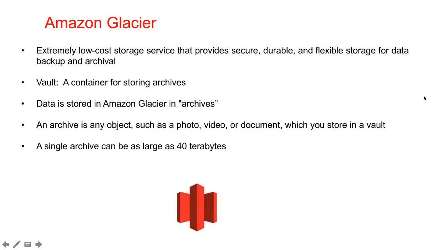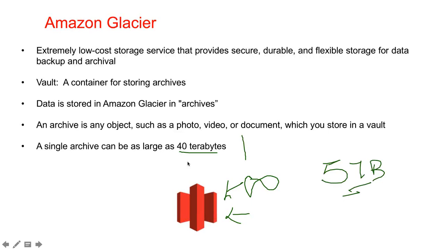So for example, this is your Glacier vault. You can store an infinite amount of data. There's no limitation on how many archives or pieces of data you can store in this vault. However, the size of each archive should be up to 40 terabytes. The limit for S3 was 5 terabytes, which is 1/8 of this limit.